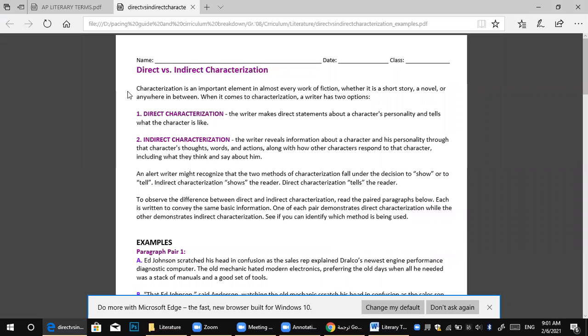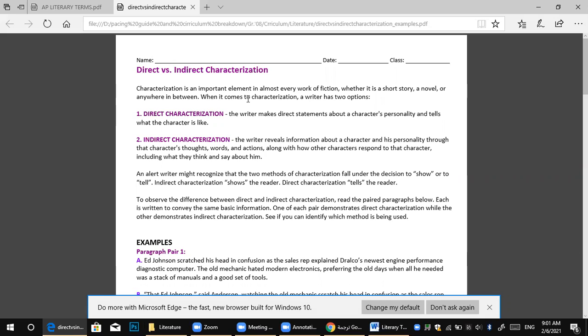Here we have direct characterization and indirect characterization. He first gives you an introduction: characterization is an important element in almost every work of fiction, whether it's a short story, a novel, or anywhere in between.